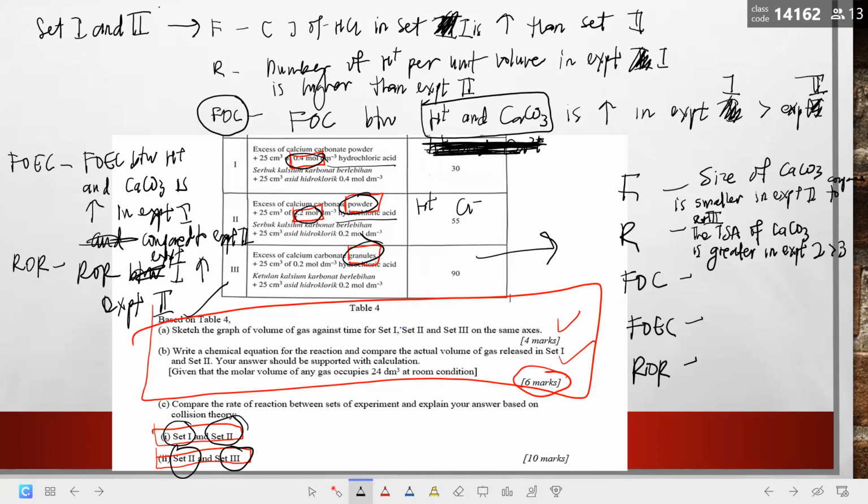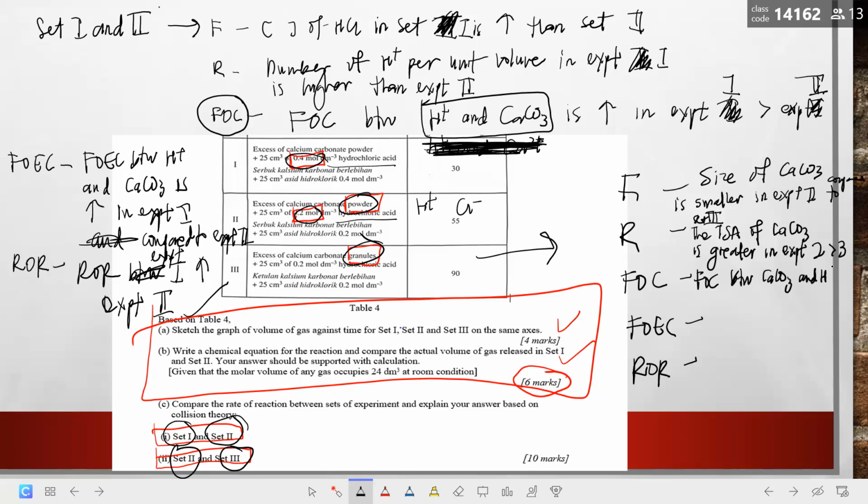Who wants to do FOC? I heard somebody just now speaking with Zawawi. Who is that? Okay, never mind. So who would like to do FOC, FOEC, ROR is so simple. FOC between H plus and CaCO3 is higher in set 2 compared to set 3. Okay, very good.